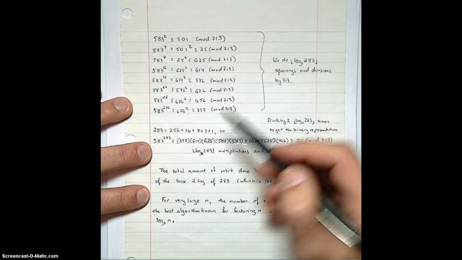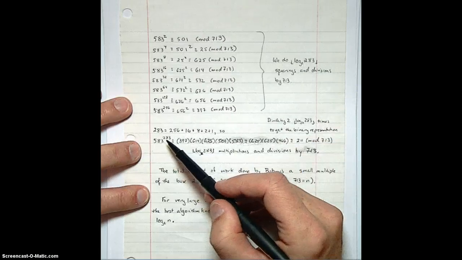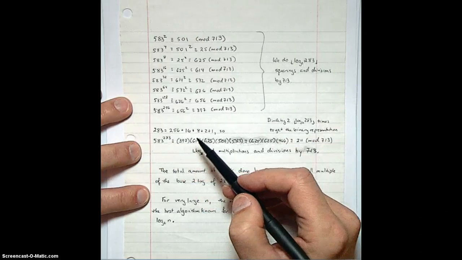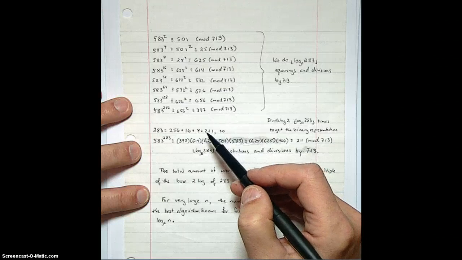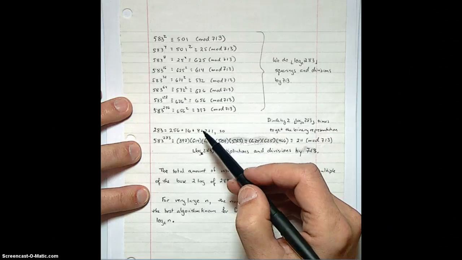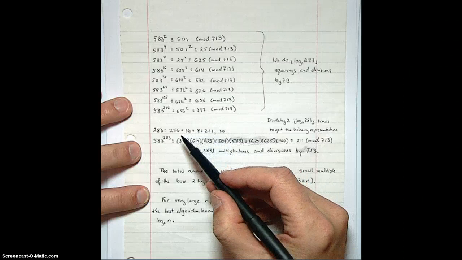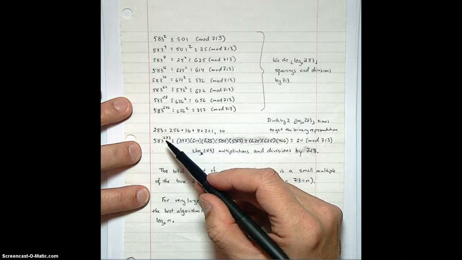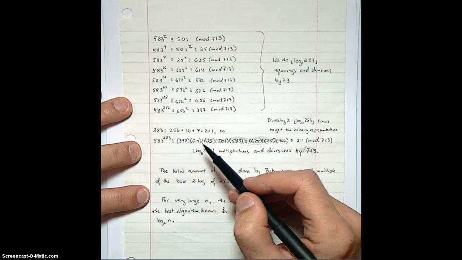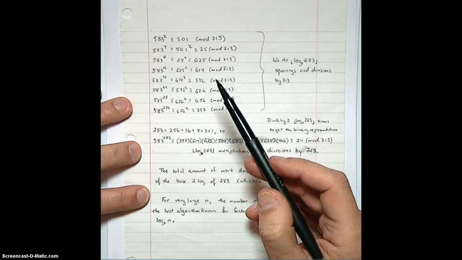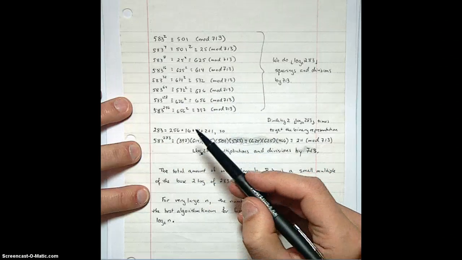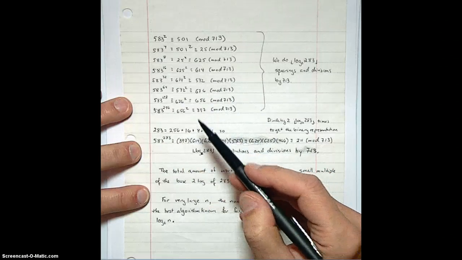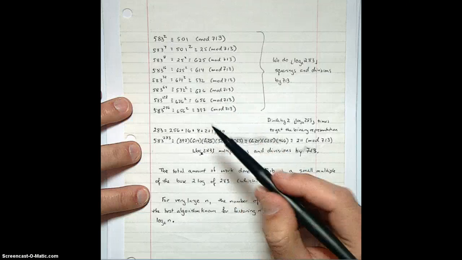Okay. And then we take the 283 and write out the base 2 expansion of it, and then 583 to the 283 is the product of all of these numbers, which I can read from this list up here.